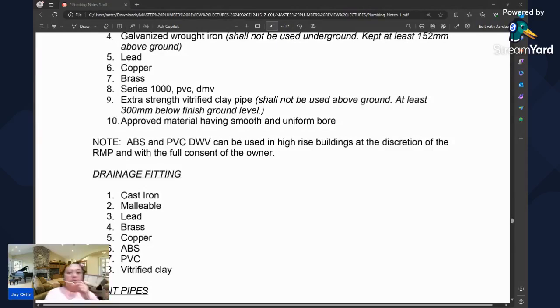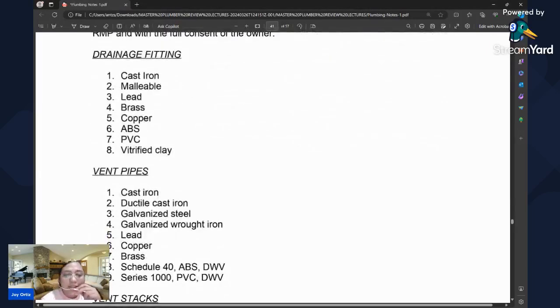So this is the drainage fitting. These are the materials that we need to use: cast iron, malleable iron, lead, brass, copper, ABS, PVC, vitrified clay.